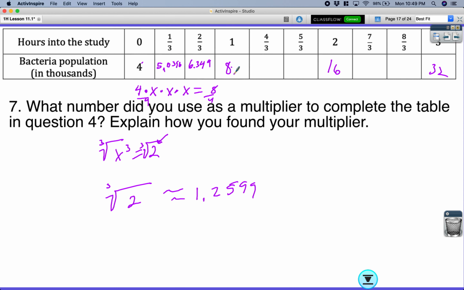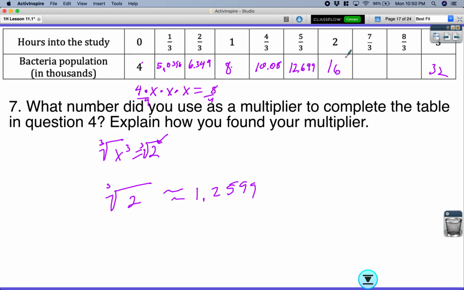And then I'm going to take that 8, and we're going to go ahead and do that again. So I'm going to multiply it again by the cubed root. Sorry, I'm on my calculator. I just messed up. So 8 times 1.2599 to get 10.08. Let's go ahead and do it again, and we'd get 12.699.